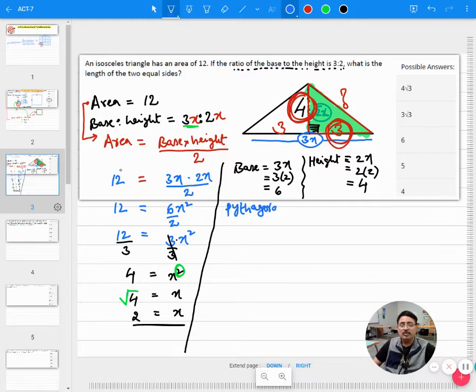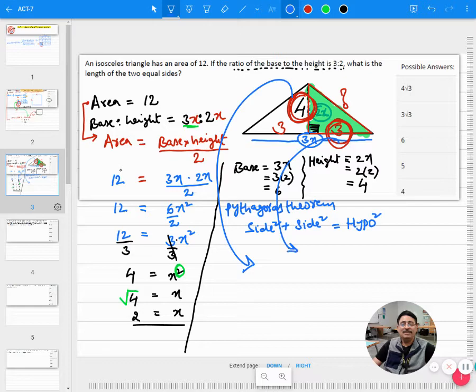When you use Pythagoras Theorem, it is side square plus side square equals hypotenuse square. So one side is 4 units, another side is 3 units. Therefore, 4 square plus 3 square gives us hypotenuse square.